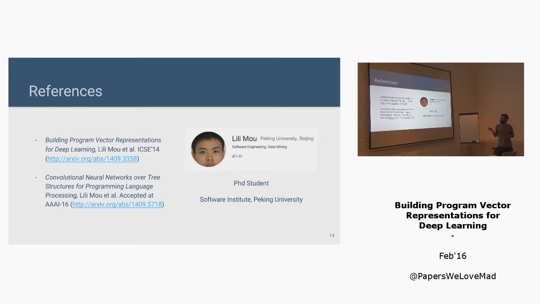All this has been done by Lili Mou, a PhD candidate from Peking University. They are working mainly on ways to analyze code, focusing on detecting plagiarism and authorship of code, but it might be useful for what we are trying to solve.